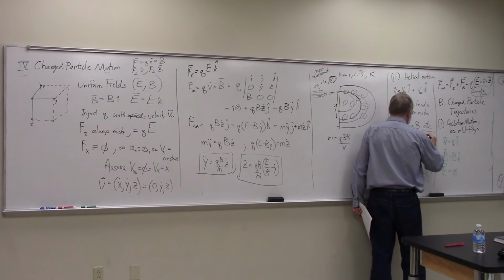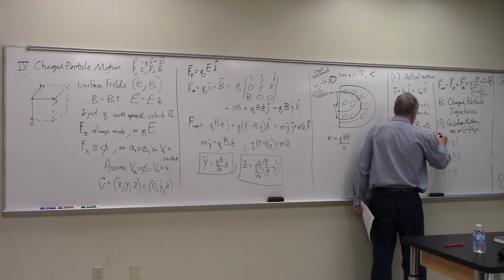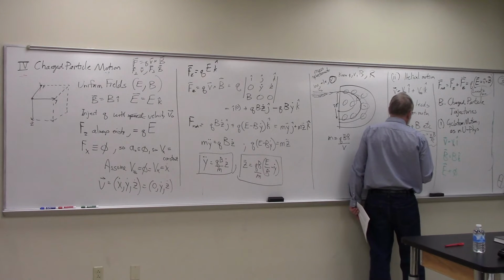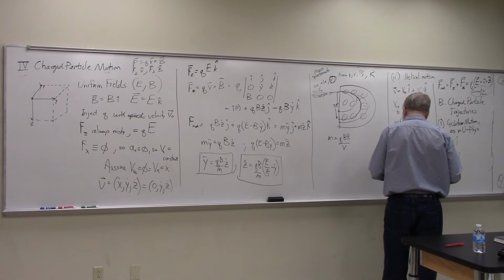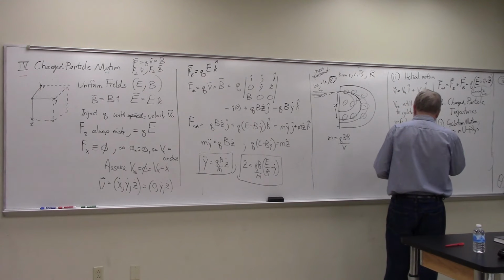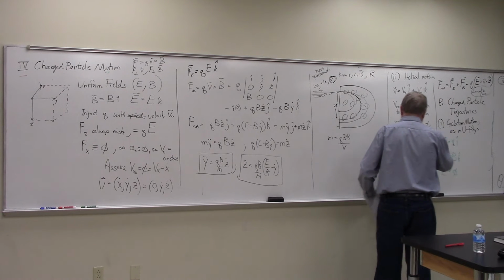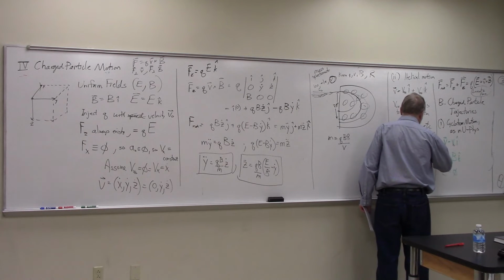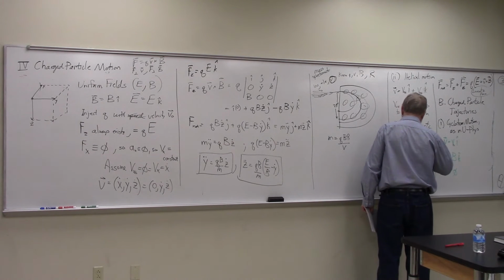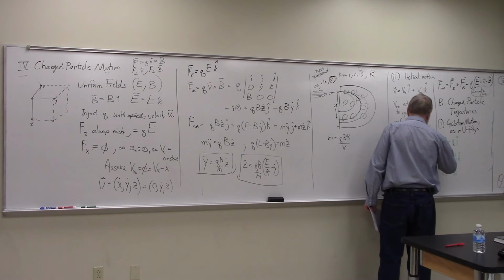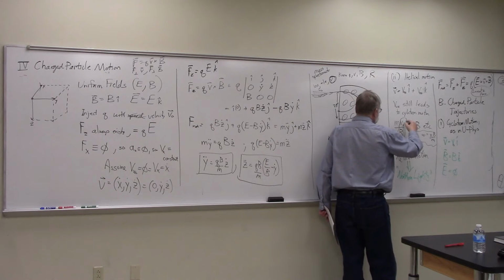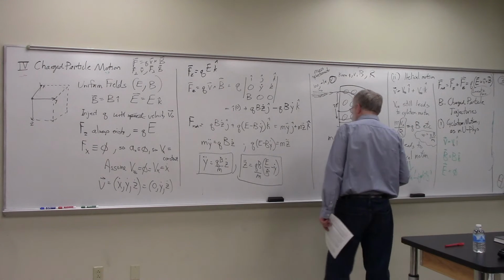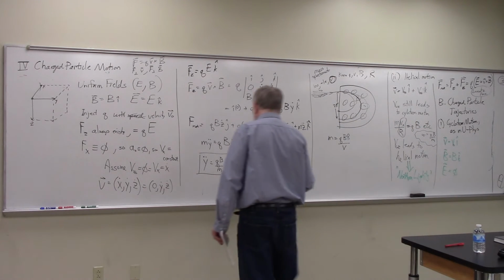So this is m omega is QB over R. No, oh, no, I used the R. QB over M. This is omega, my little squiggly balloon. QB over M. So instead of QB over M, I'm going to write that as omega.